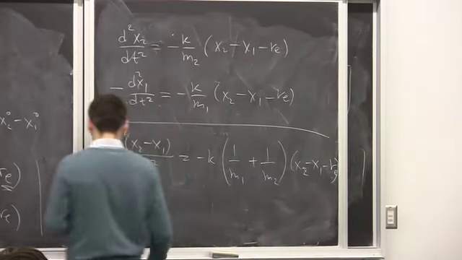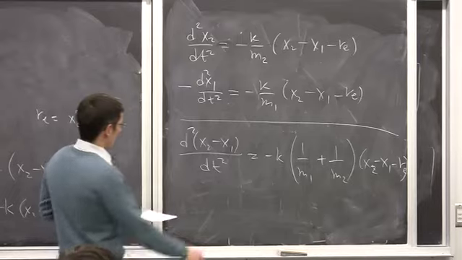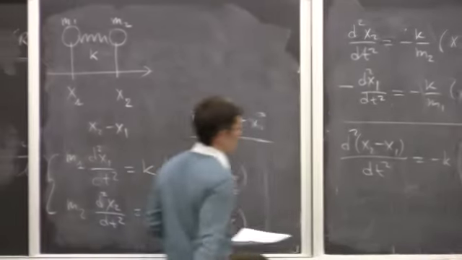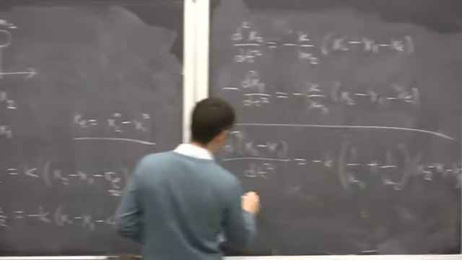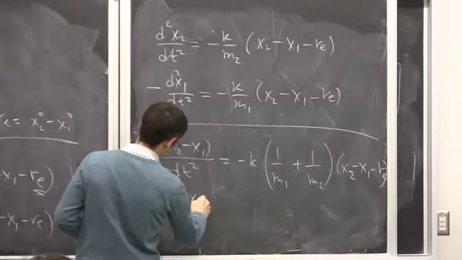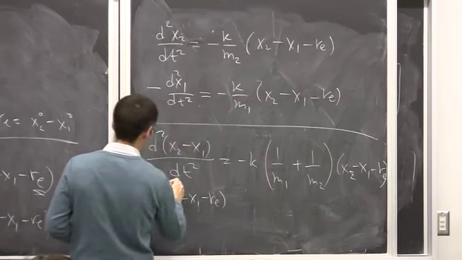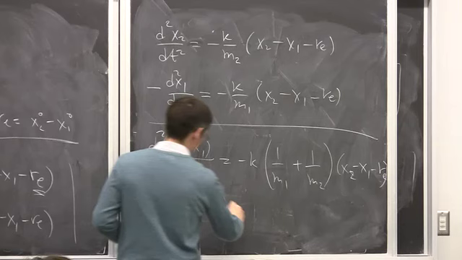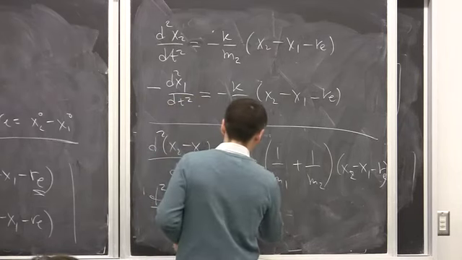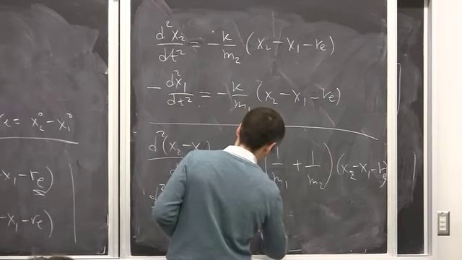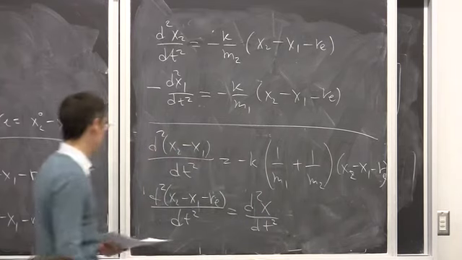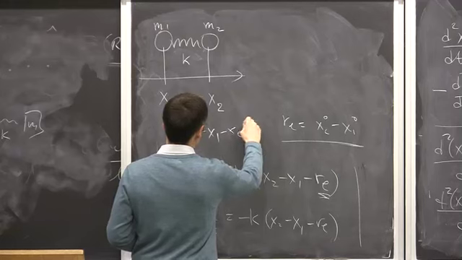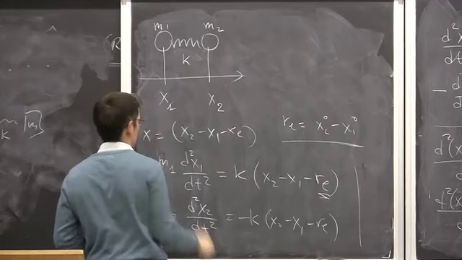Also, since this constant doesn't depend on time, we can put it inside and define a new variable as x, right? The x2 minus x1 minus re, that whole thing is defined as x.